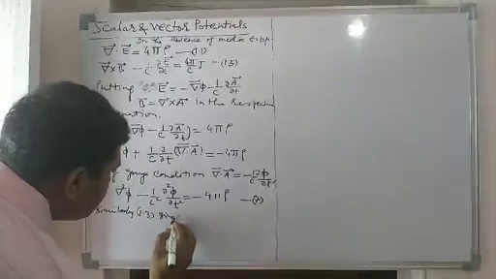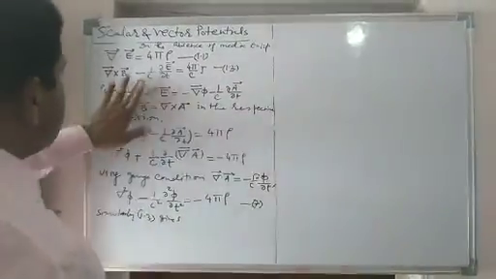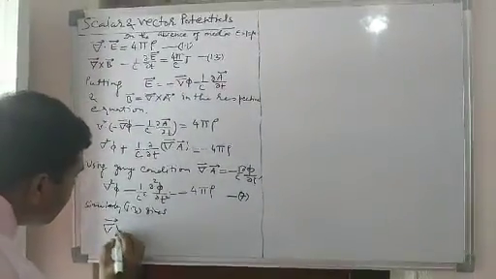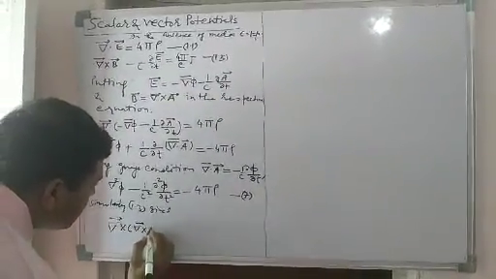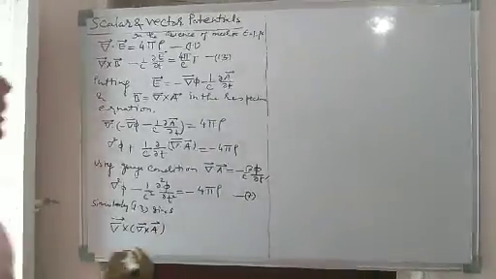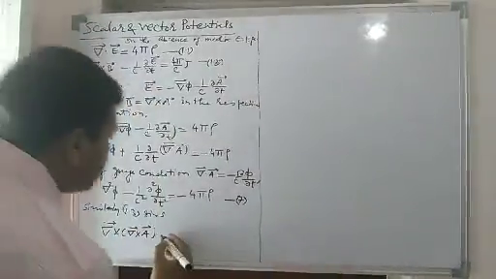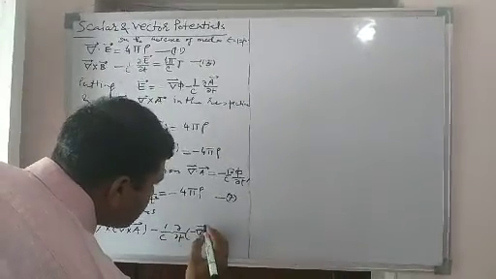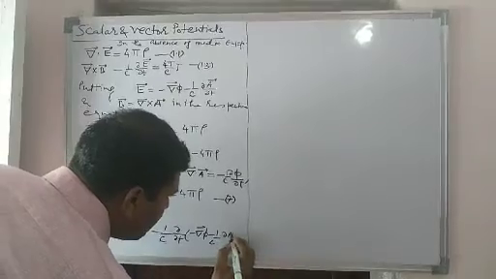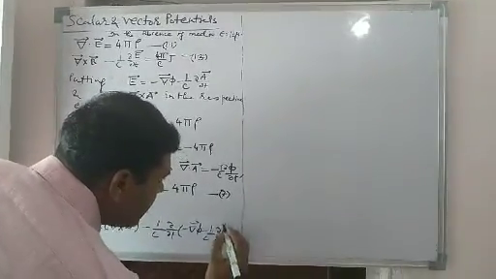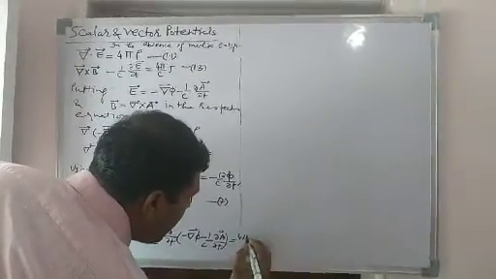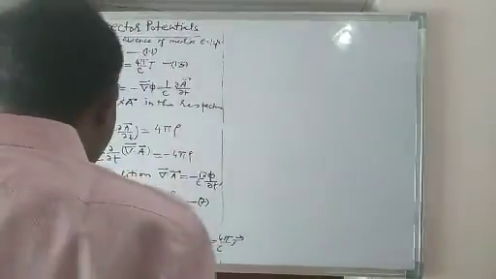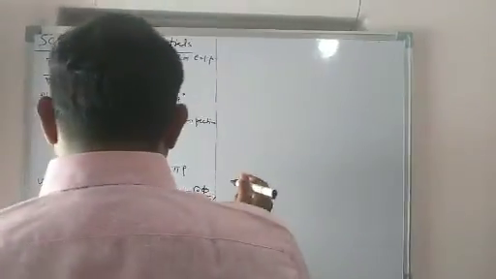Similarly, let's see what 1.3 gives. 1.3 will be written as del cross B, where B is del cross A, and then minus 1 over c del by del t of minus gradient of phi minus 1 over c del A by del t, is equal to 4 pi by c J. Now let's simplify these things further.